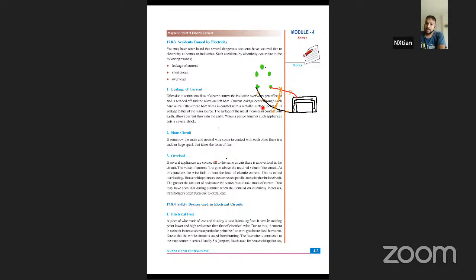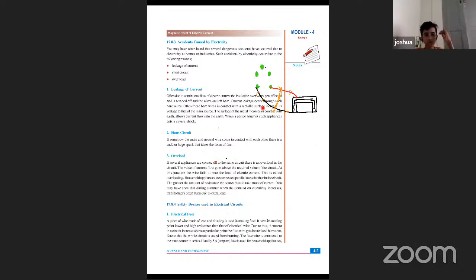Short circuit creates a spark, and the spark leads to fire. You might have heard the building caught fire because of a short circuit, not because of a bonfire. The spark got attached to a curtain or any cloth thing, and it caught fire. Yes, Joshua.